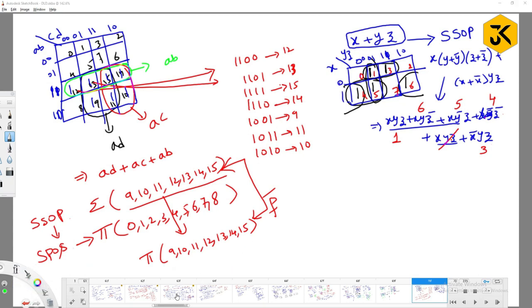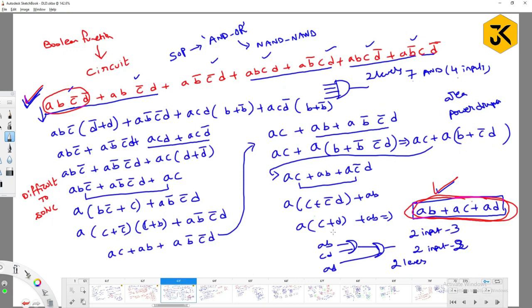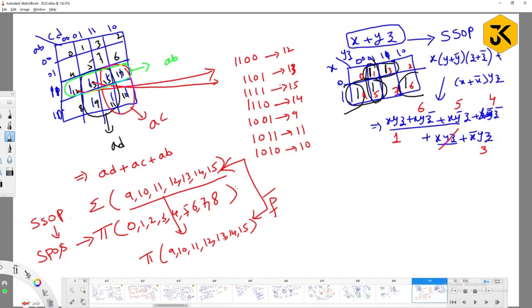So if you take the first one, here you are going to get a b c bar d bar, right? A b c bar d bar means what? Double one, double zero. Double one, double zero is 12. 12, right? So for this, if I place 0 in place of 12, how are we going to write this one? You are going to write as a bar plus b bar plus c plus d.